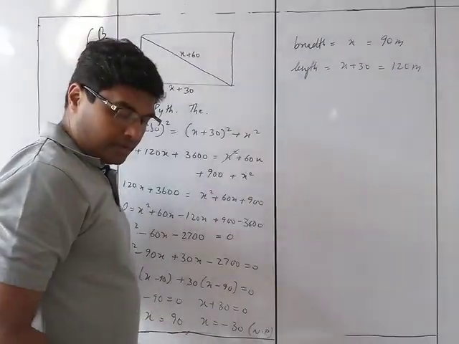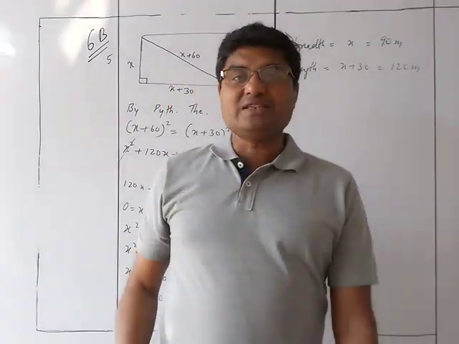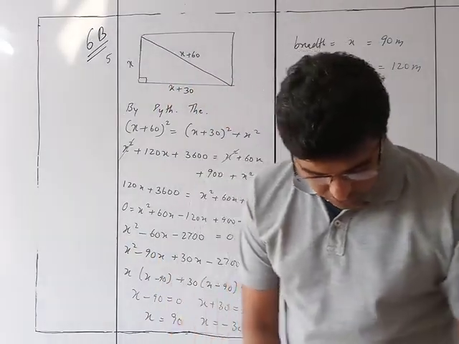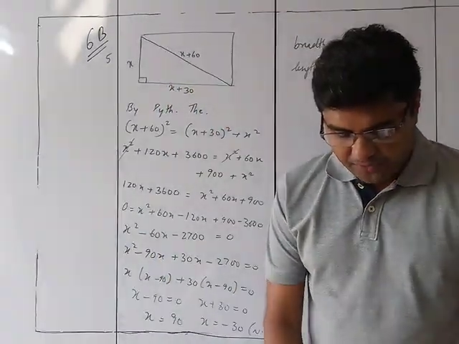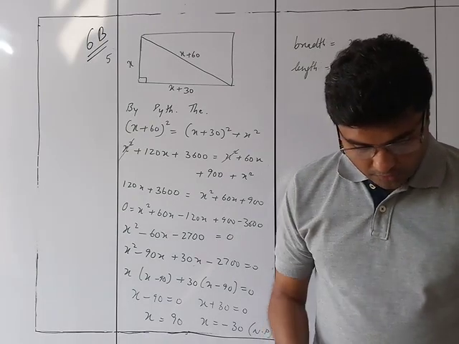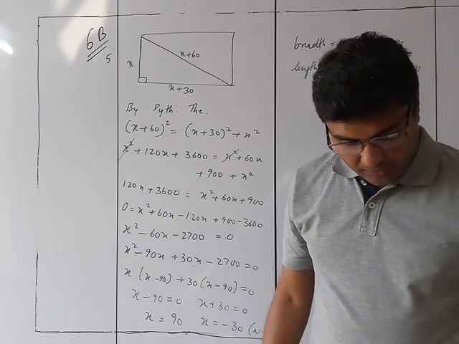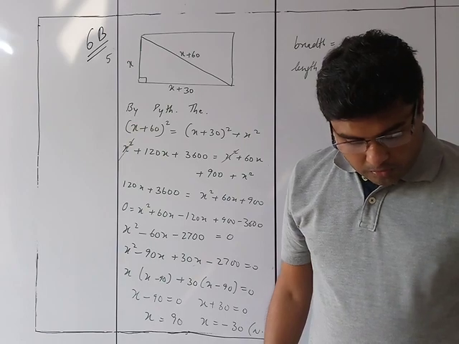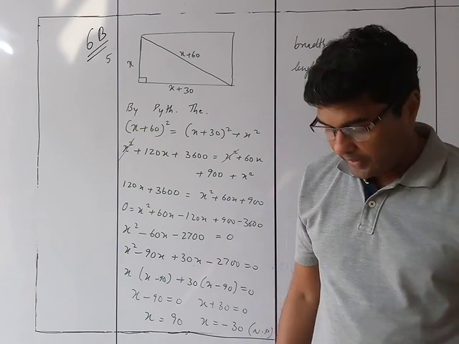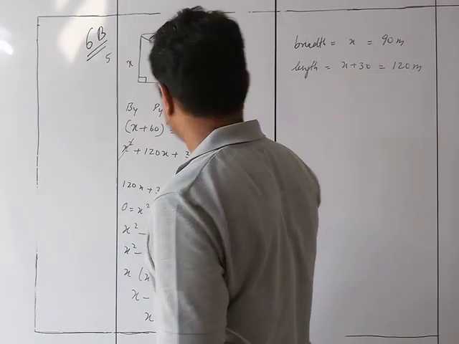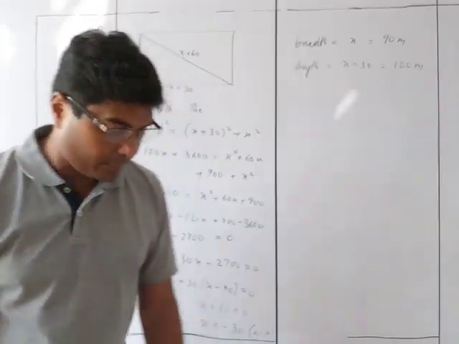That will be the sides of the rectangle. So that was question number 5 of 6B. Right. Next we see is sum number 7.